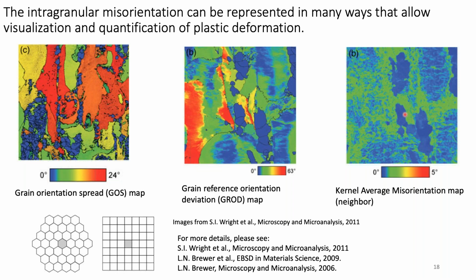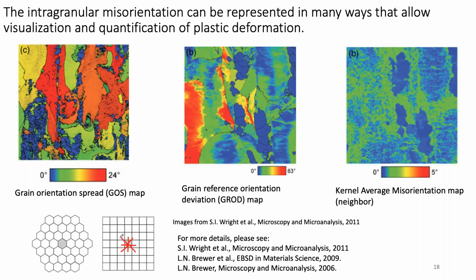On the extreme opposite, let's go to the right-hand side. On the opposite end, we have what I would call local misorientation. This is a very popular kind of map, a kernel average misorientation map. It comes in several flavors. This is the neighbor flavor. But in this idea, you're looking at a pixel, and then you're calculating the misorientation between that pixel and its nearest neighbors. Now you can choose how many nearest neighbors you use, and there are all kinds of different variants on this.